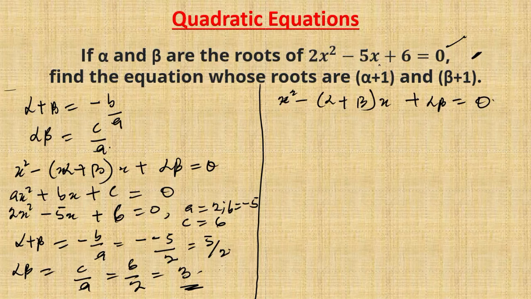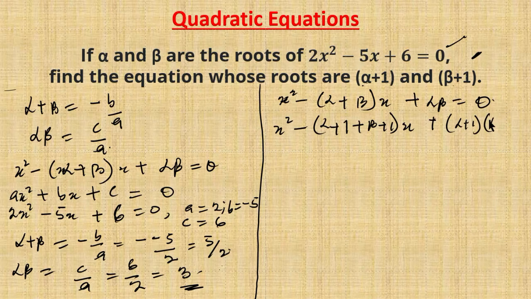But I want you to note that for this equation, the first root is alpha plus 1 and the second root is beta plus 1. So for the new equation, I'll have x squared minus the sum of the roots, (alpha plus 1) plus (beta plus 1), times x, plus the product of the roots, (alpha plus 1) into (beta plus 1), equals 0.